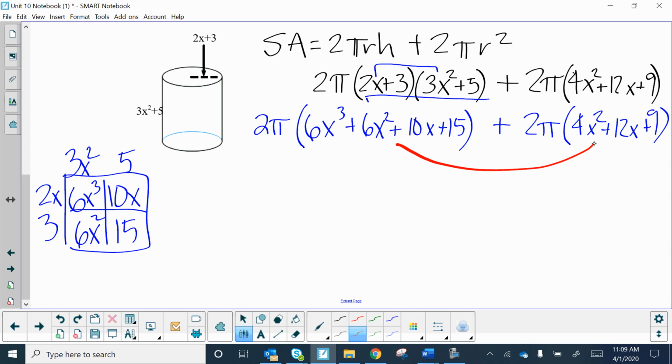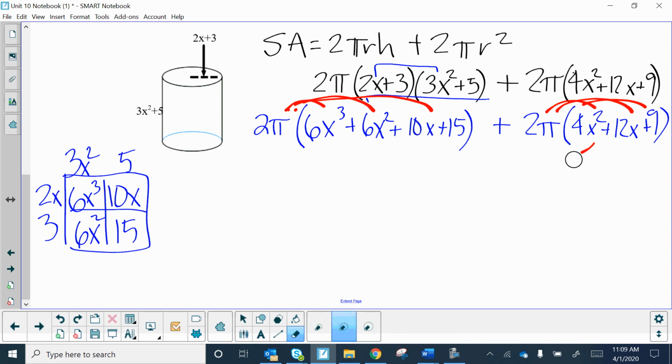Or you can distribute the 2 pi to each term, times that, times that, times that, and times the 15. And same thing over here. So what do we do next? That's up to you. There are different choices that you can make. That's the great thing about algebra. There are different routes that you can take. Me personally, since I see 2 pi in both of those, here's what you are allowed to write.